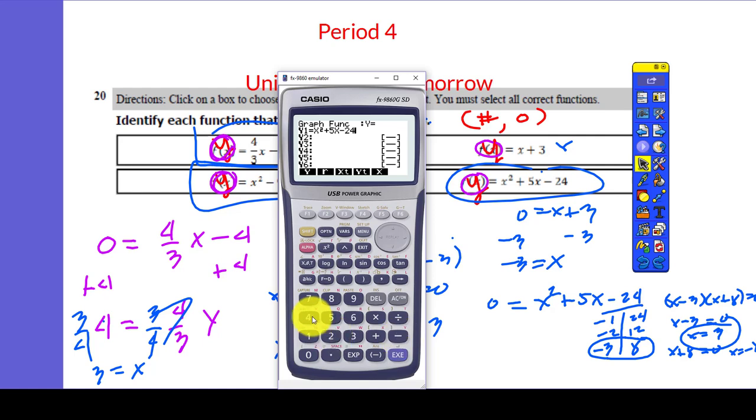EXE again, draw, G-Solve, root. So I have -8, same thing that we got here. And then right arrow, you have x equals 3, same thing that we got here. So this option gave us an x-intercept of 3. Alright.